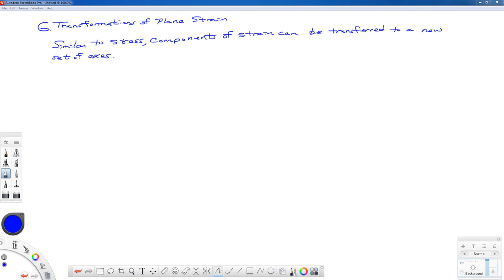We're going to first take a look at something called plane strain, and it's analogous to plane stress in that in plane strain, all the non-zero strain components lie in one plane. So let's write that down.